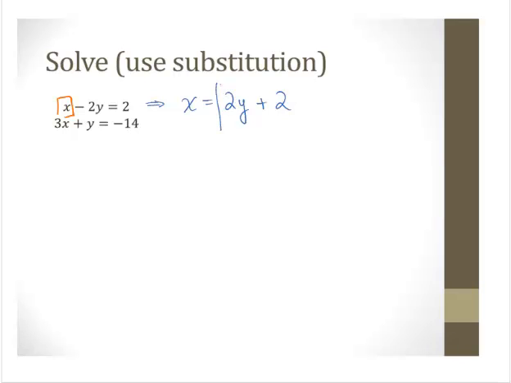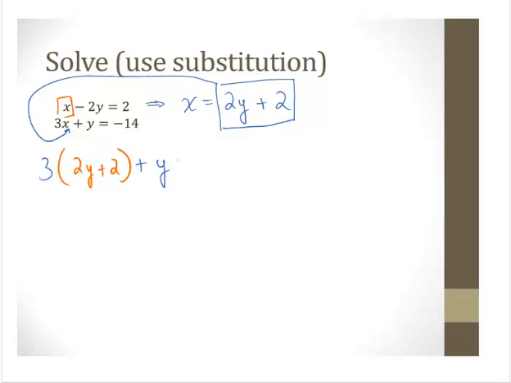I'm going to take this 2y plus 2 and use it to replace the x in the other equation, yielding 3 times (2y plus 2) plus y is equal to negative 14.